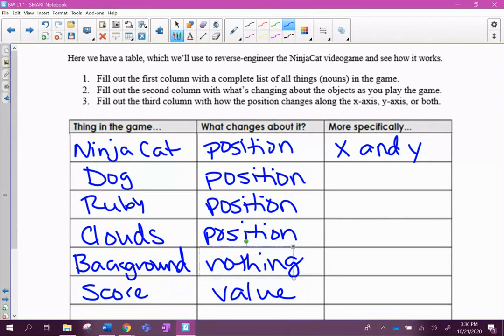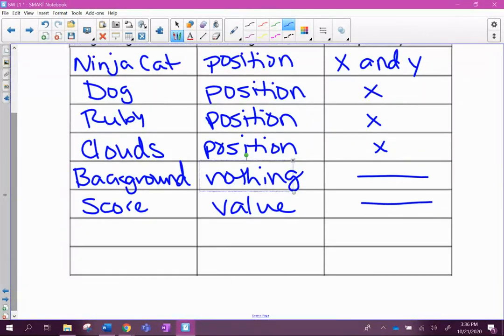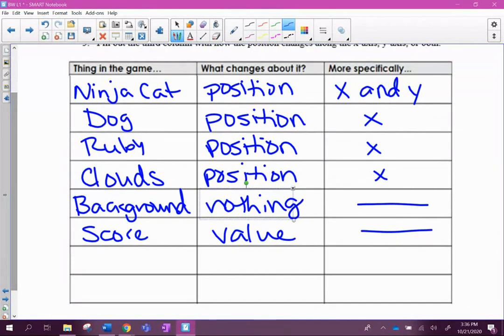They were coming closer. So the only thing they were changing was the X value of those two things. And then the background and the score have nothing to do with this. So when we're looking at this, it's all about changing the coordinate of Ninja Cat on the screen. Okay? So make sure you have all of that written down.